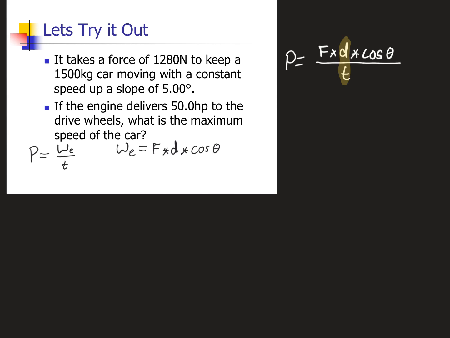So if we substitute things in, as we should, and well, we do have it in 50 horsepower, so we should probably convert that into watts. If I'm not mistaken, 1 horsepower is equal to 746 watts.